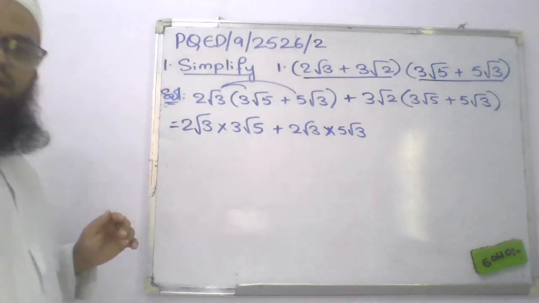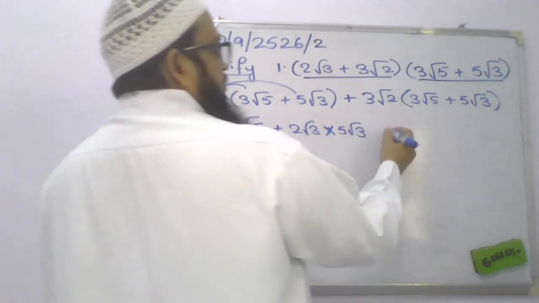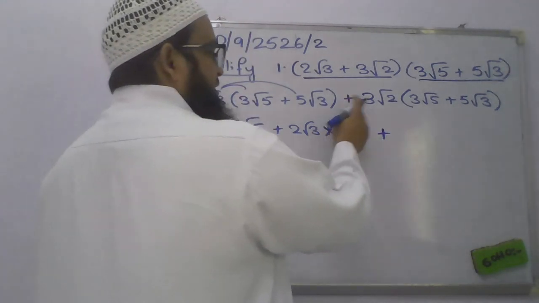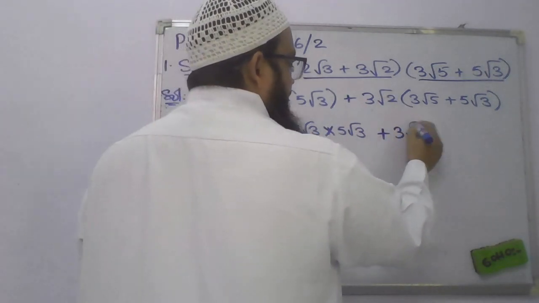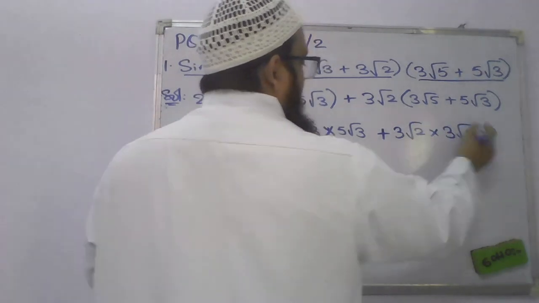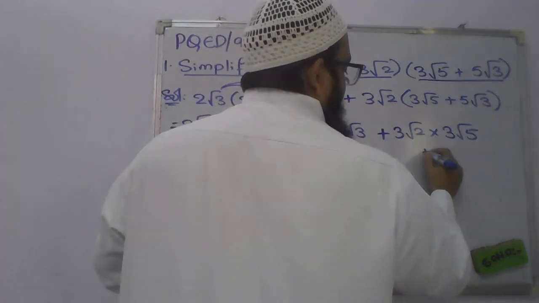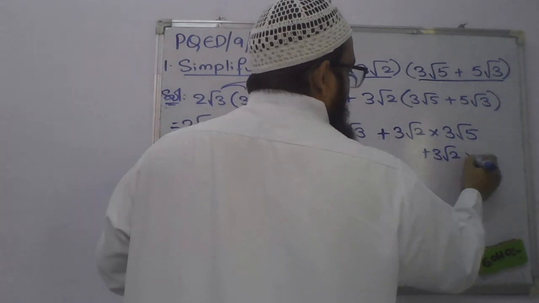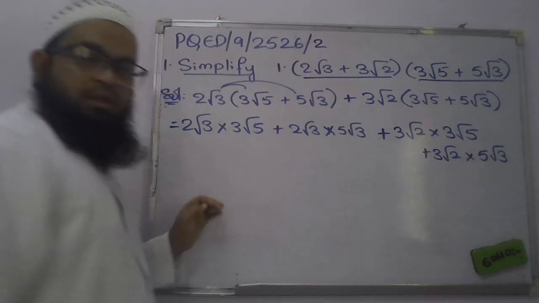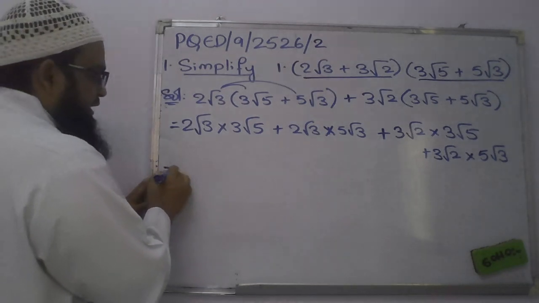Is it right? In the same way, we are going to do it for the second one also. You have plus 3 root 2 times 3 root 5, and you have plus 3 root 2 times 5 root 3. Is it right?